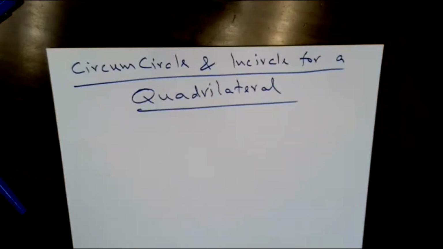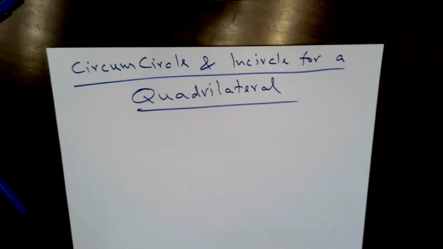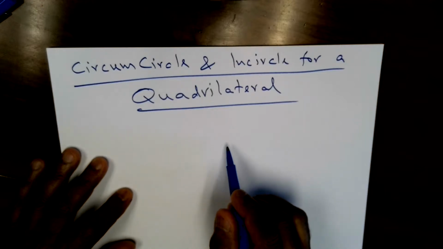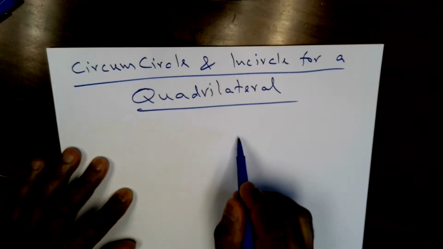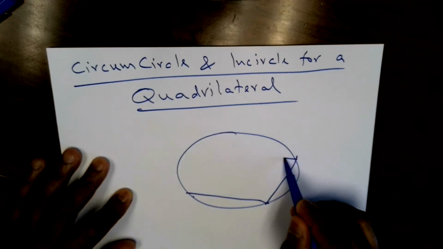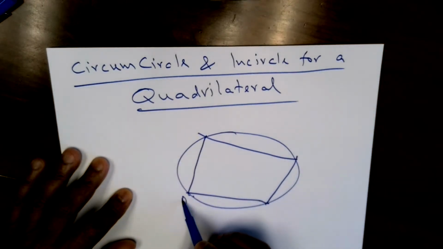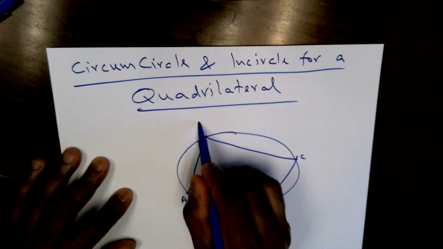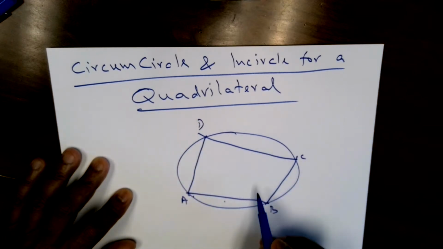So I'm going to derive the formula for the circumcircle and the incircle for a quadrilateral. A quadrilateral has four sides, and so let's say A, B, C, D are the sides.